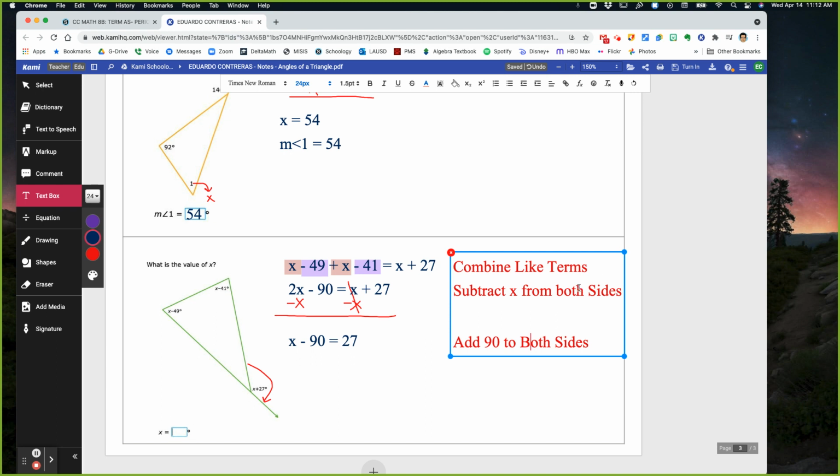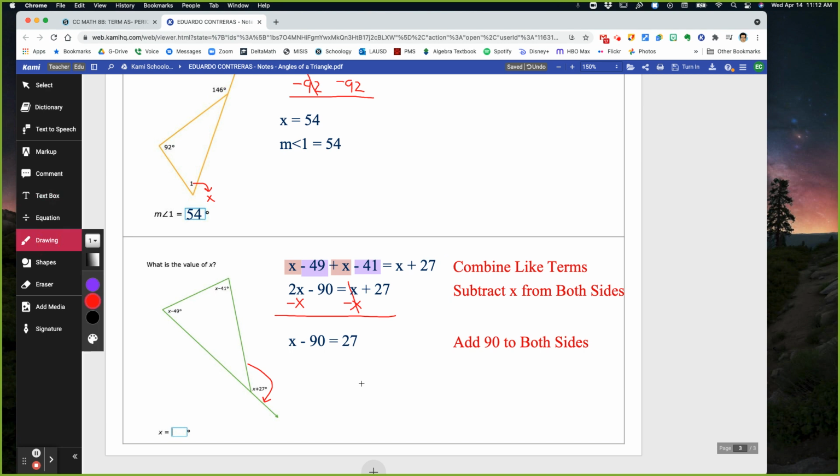I'll give you a minute. I'm fixing up a couple things here. All right, so let me do that. I'm going to take my tool and do plus 90 on both sides.